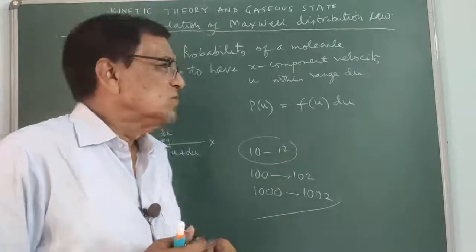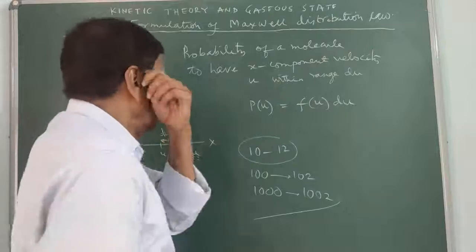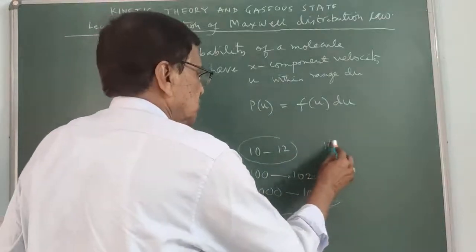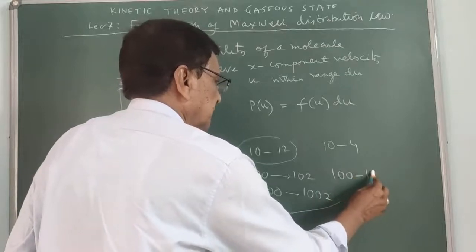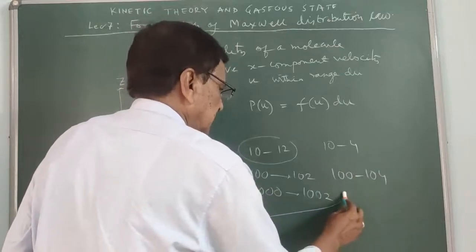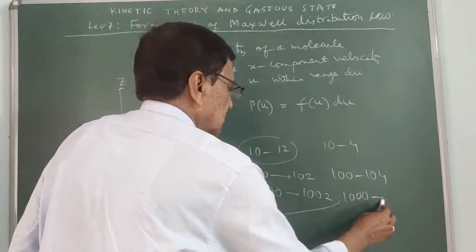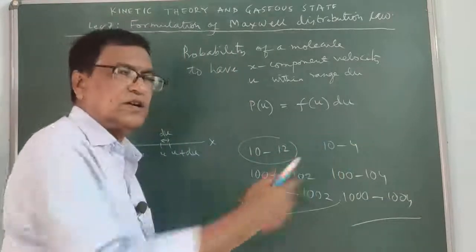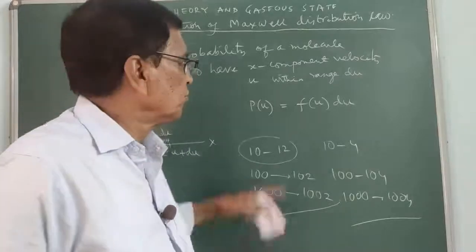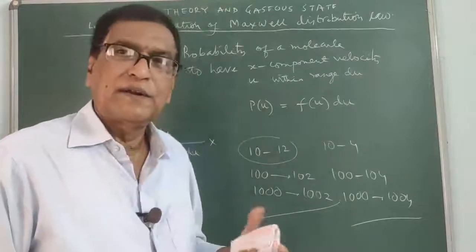And again, if we double the range, 10 to 14, 100 to 104, 1000 to 1004, then the probability will also be double.